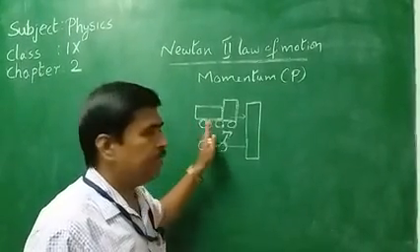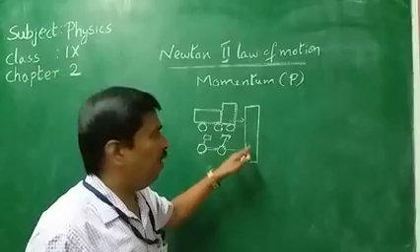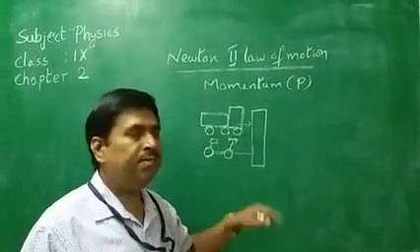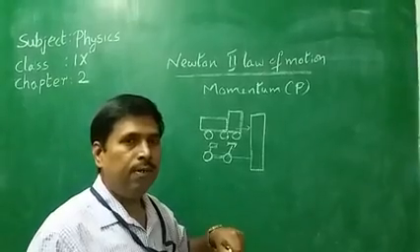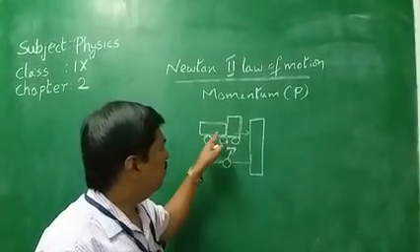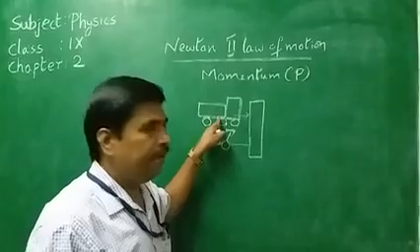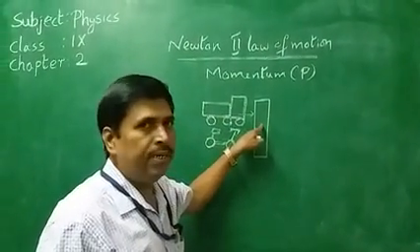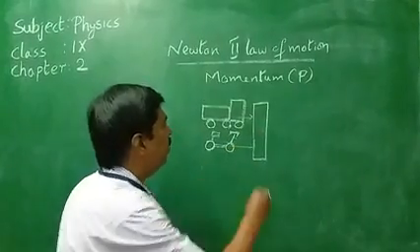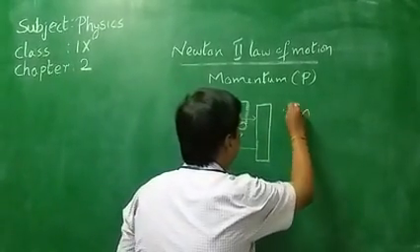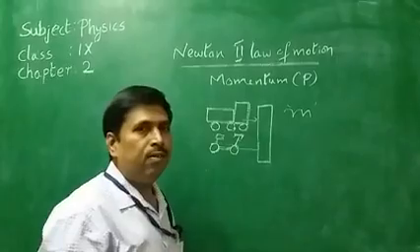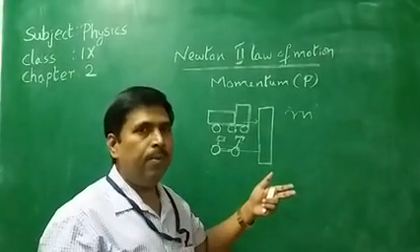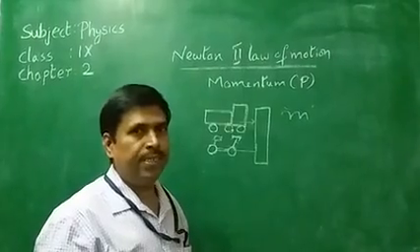Both are moving with the same speed. Whenever they hit a wall, which will damage the wall more? Naturally, the heavy loaded vehicle, the lorry, will damage the wall more. That is nothing but a more massive object will damage the wall more. So whenever you have a heavy mass, it is able to damage the objects.